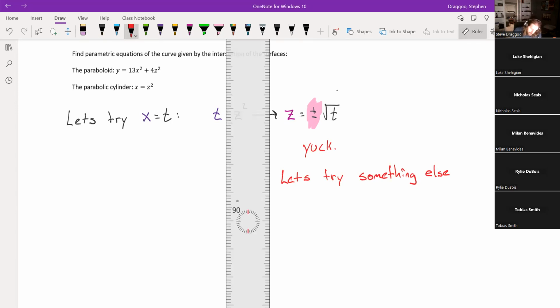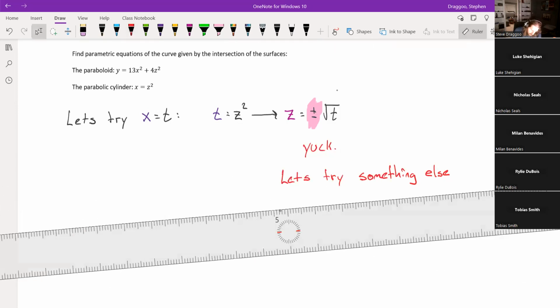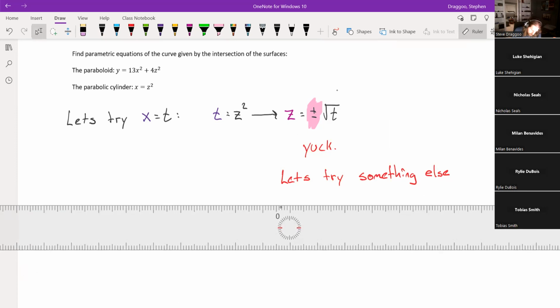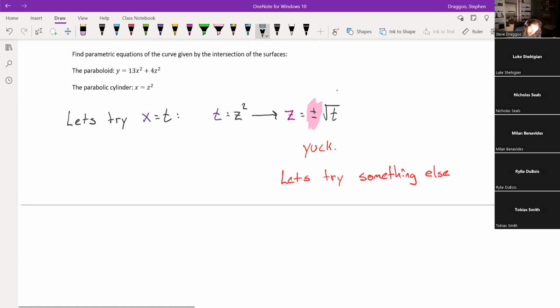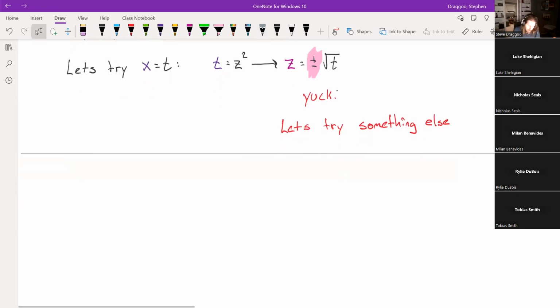So if that parameterization didn't come out great, maybe another parameterization will. Draw in a line right here to differentiate. I'm moving on to a different method. If x equals t didn't work, you don't have to be a psychic to think I'm going to try y equals t next.